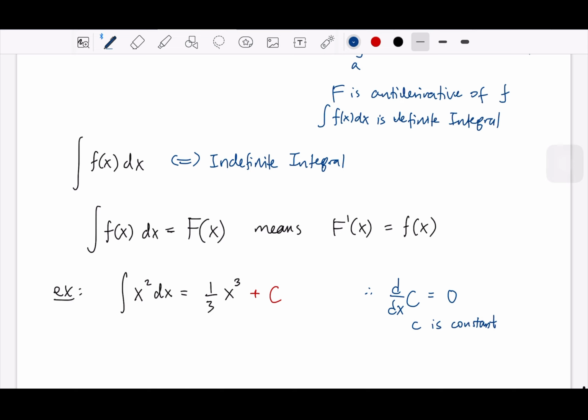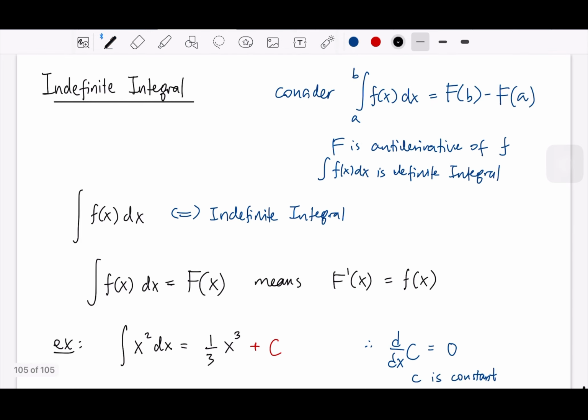Okay, the difference between the definite integral and the indefinite integral, as you may see: the definite integral, this is supposed to be from a to b. The definite integral is a number, okay, it's a number, while the indefinite integral is a function.